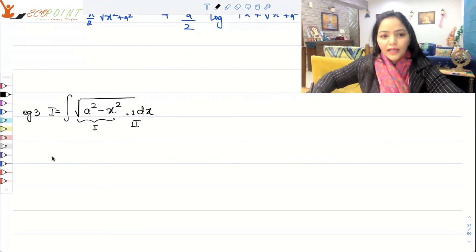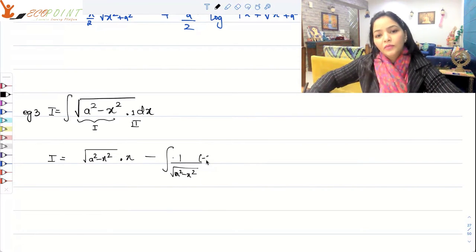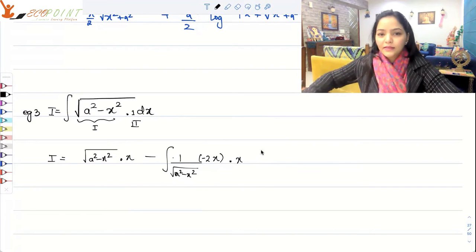Here you will have I is equal to first as it is, that is square root of a square minus x square as it is, integral of 1, minus integral of whole 1 upon square root of a square minus x square into minus 2x into x dx.